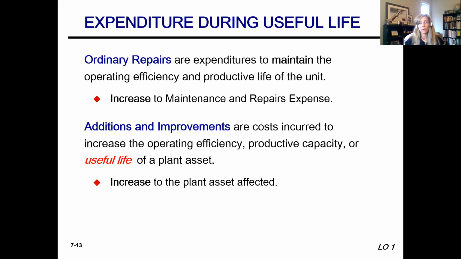Unless they're metal, most roofs are about 30 years for a shingled roof on average. I don't know if they last that long, but it depends how wet it is, I suppose. But if I have to replace all that and it's going to cost me $30,000, then I think that's pretty material. And it does extend the useful life of my roof, hence my building. So we have to make this judgment call.